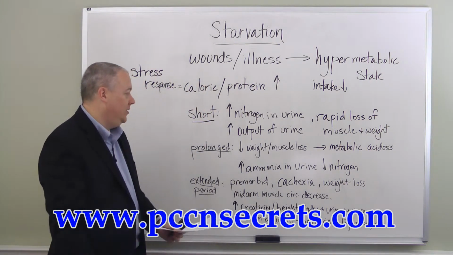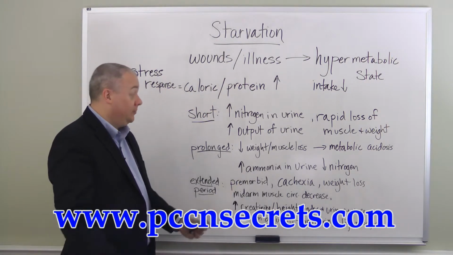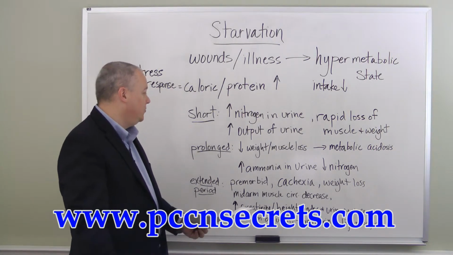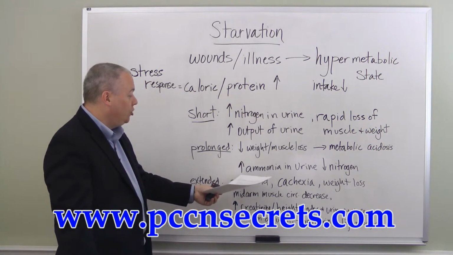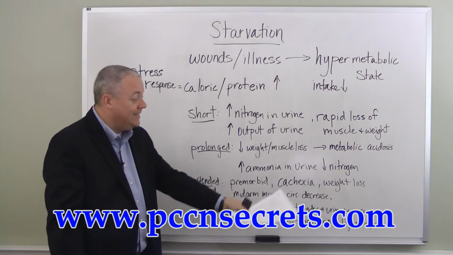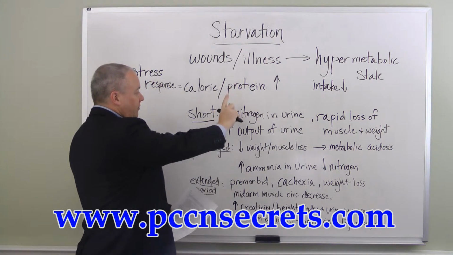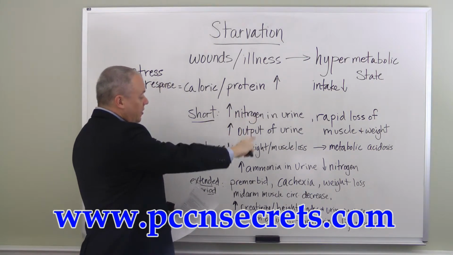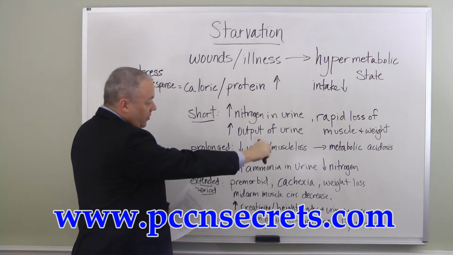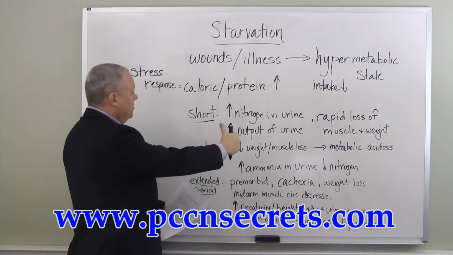You get metabolic acidosis even though the weight and muscle loss, or because of the weight and muscle loss, is not going down quite as rapidly. What you do get, though, is a sharp increase in the ammonia in the urine and a decrease in the nitrogen in the urine. As you noticed here, short-term starvation saw a sharp increase in the nitrogen in the urine. Here, the nitrogen in the urine goes down, but the ammonia in the urine goes up.